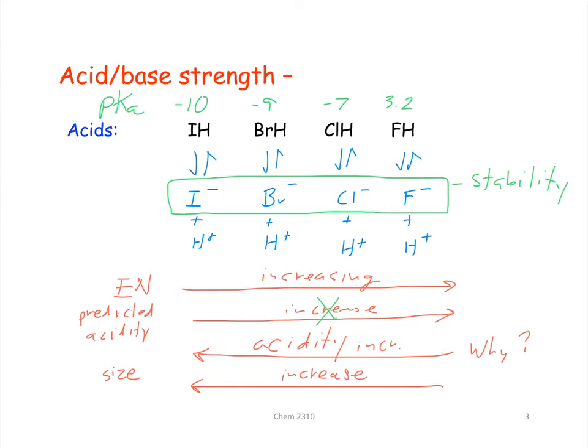So I minus is bigger, but what does that matter? Our acidity is increasing to the left. That means HI must be the most stable, and it's also the biggest, so the biggest anions are the most stable.